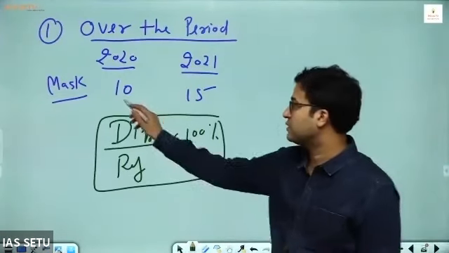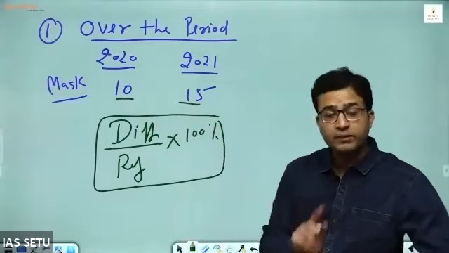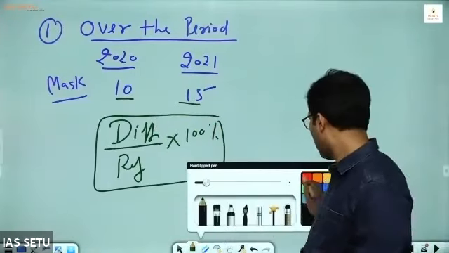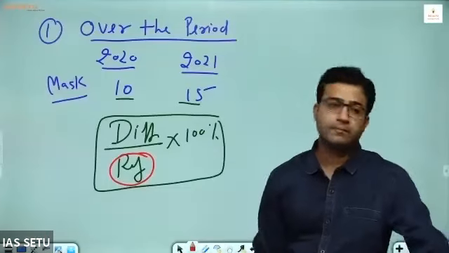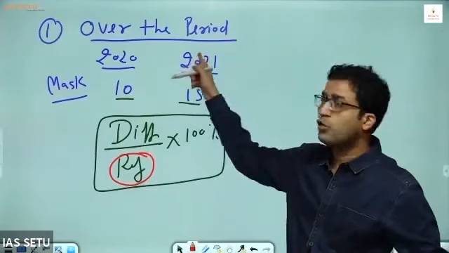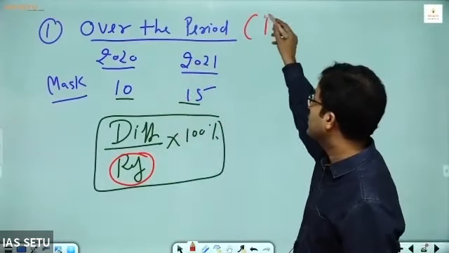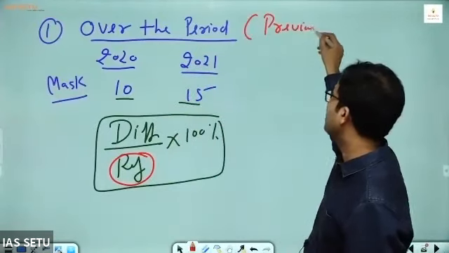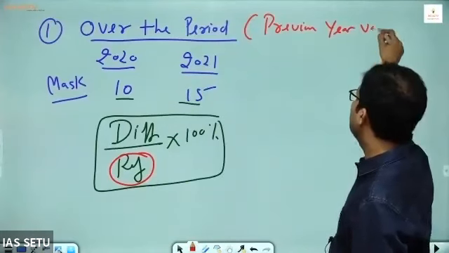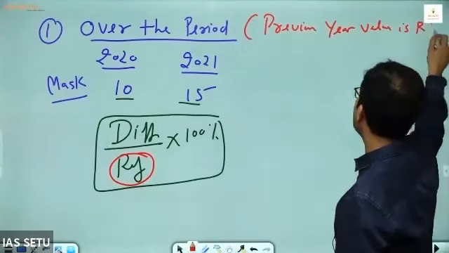Difference is clear, difference in 10 and 15 is clear, but main is reference. So in first language, over the period, previous year value is the reference always.